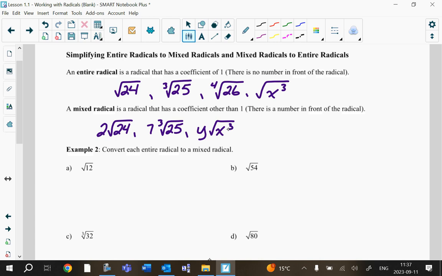There's something being multiplied in front. So what we learned last year to do with numbers, and now we're going to have some exponents this year, that's what's going to be new, is we learned to go from an entire radical to a mixed radical.